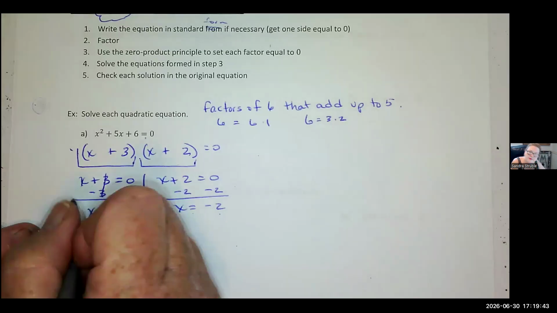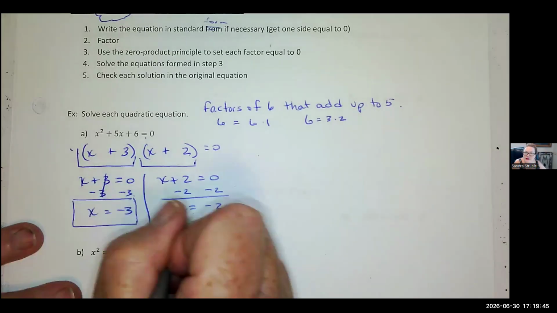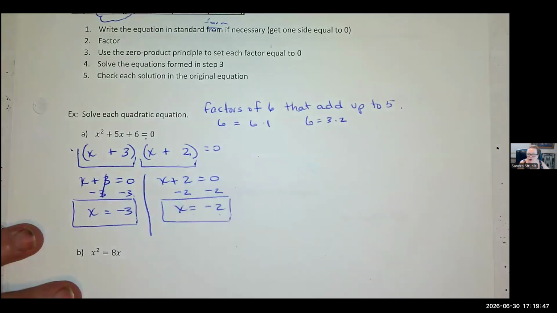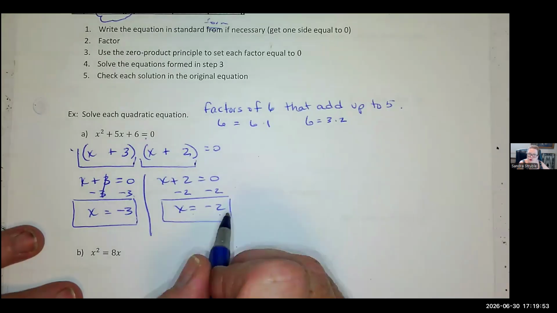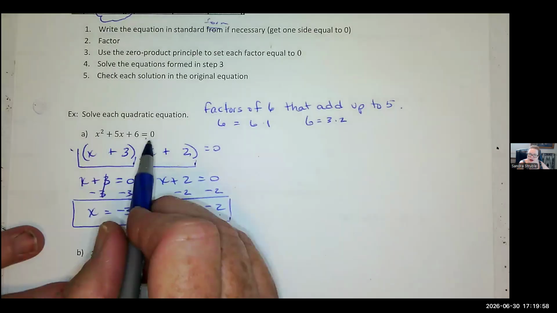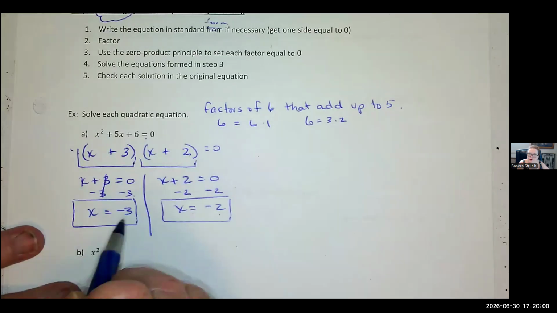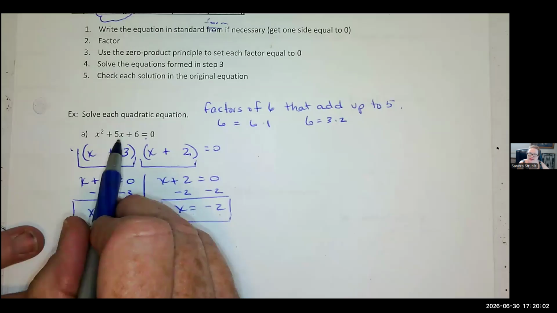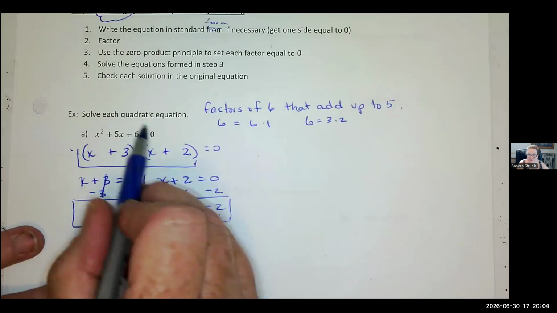What does it mean that those are the solutions? Now, you don't have to do this every time, but you do need to understand what this means. For this equation, if you plug in -3 for x, then when you simplify the left side, your answer will be 0. You can do the same thing with -2.